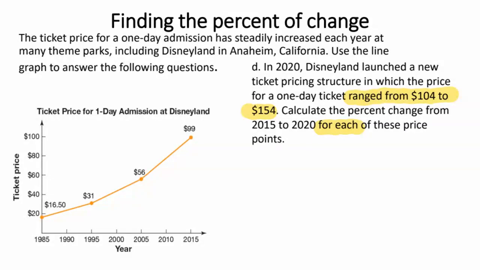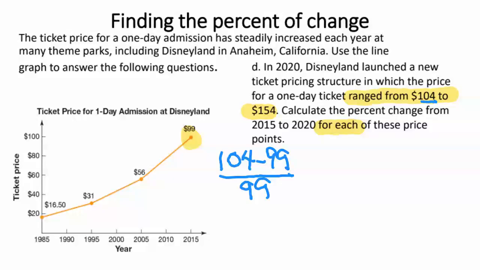Okay, this is where it gets a little interesting because I have to do it 2 times. Now, all we have is 99. Well, we're going to do the lower end, which is 104 minus 99 divided by 99.